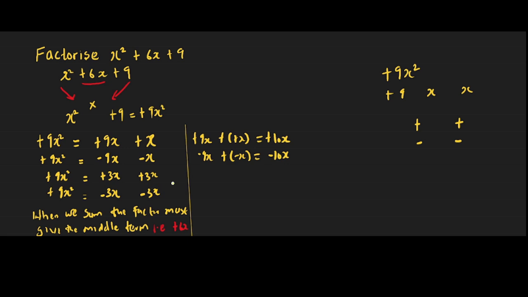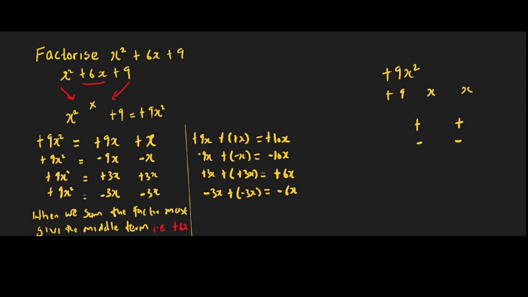If we have the third one here, plus 3x plus 3x, this is going to give us plus 6x. We take the last one here, which is minus 3x plus minus 3x. This is going to give us minus 6x.